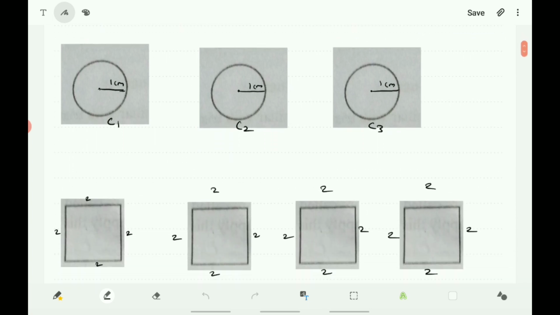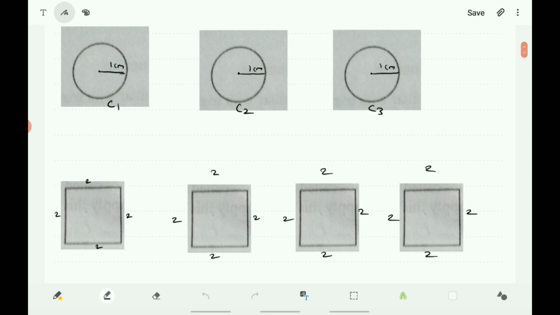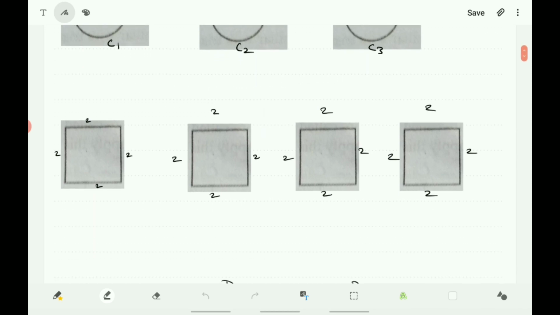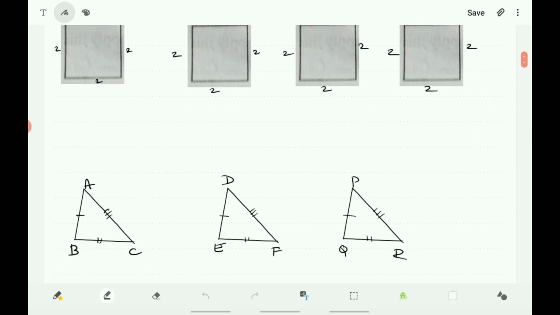And you see the four squares. Their shape is square shape and also their sizes are equal, which means their sides are of equal length. So they are congruent squares. Next, see the triangles. They have the same shape and also the same size.